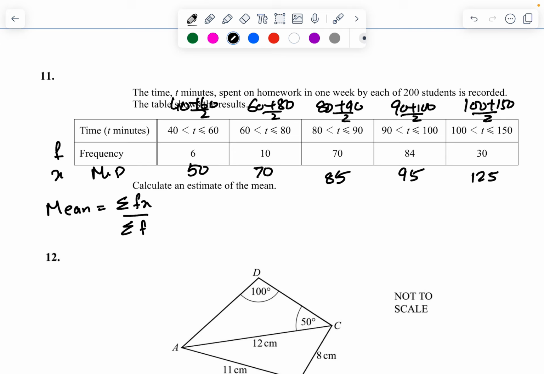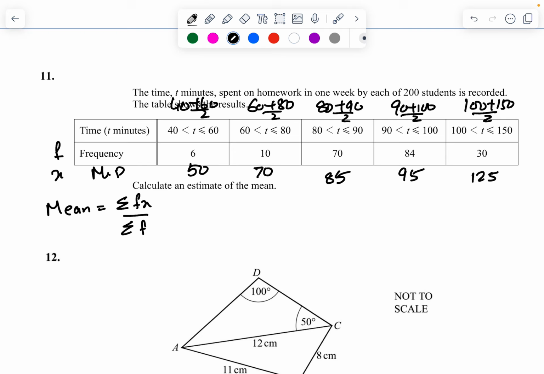For sigma fx, we need to multiply the frequency f with the corresponding midpoints and add them up, then divide by the total number of frequencies. When I do that, I should be able to get that particular answer.